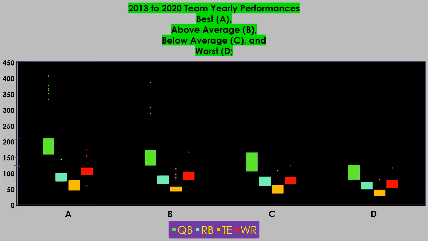The best teams will tend to have the best quarterbacks and maybe the best tight ends. Isn't that interesting? What about running backs then? Here's the best. Pretty close, a little bit below, a little bit below, and a little bit below still. So there's a tendency, as I look at the data from best to worst, that the worst teams tend to not have very strong wide receivers as well.